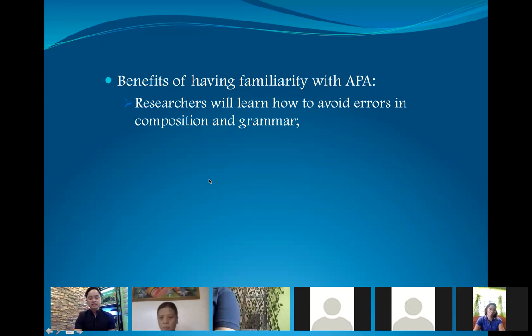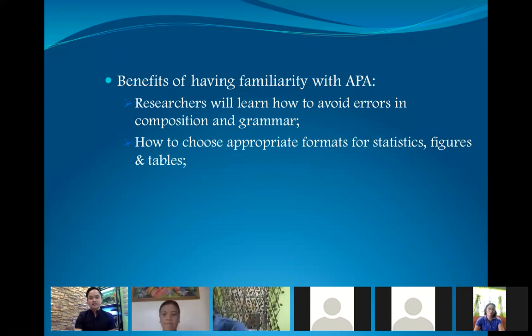When you say coherence, your paragraphs or statements are connected with one another. The APA style will also allow you to choose appropriate formats for statistics, figures, and tables.